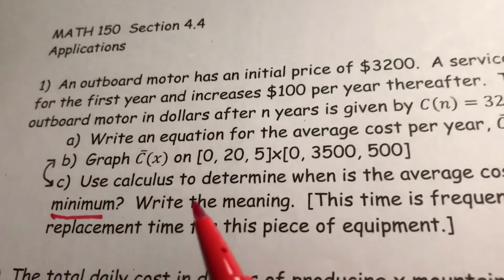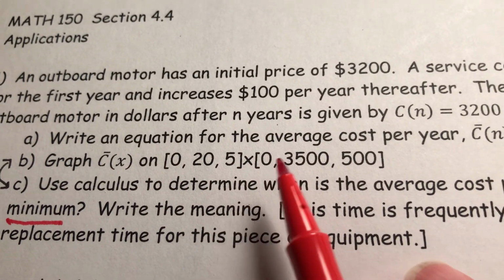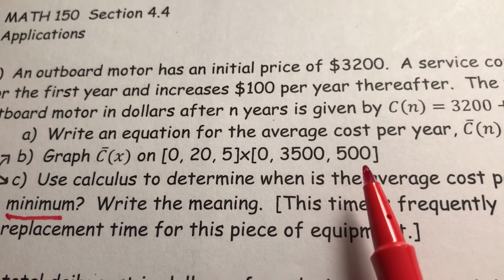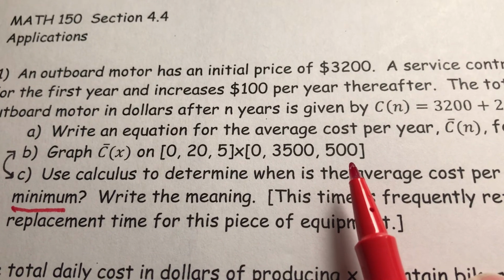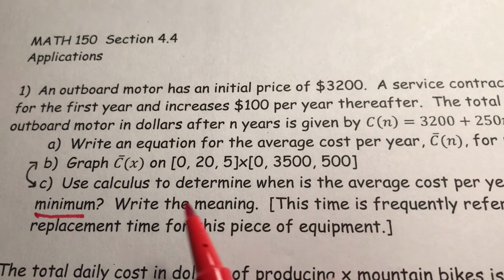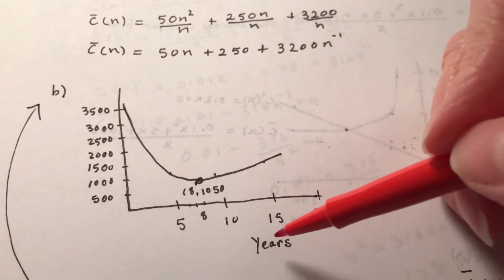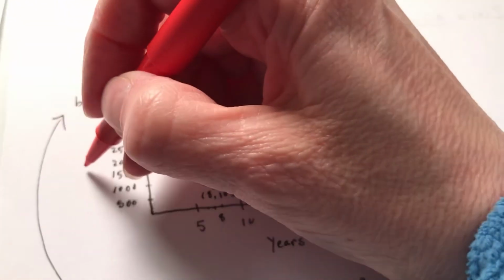I said to graph it 0 to 20 by 5s, 0 to 3500 by 500s. So you would do that in your calculator and put, what are we putting in? You're putting in C bar, the average cost. And that's what this looks like. I did the years on this, and this is dollars.